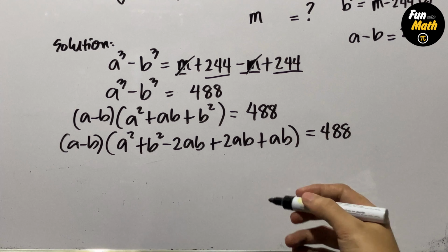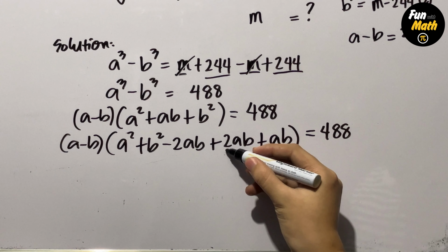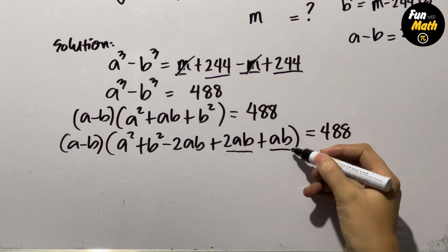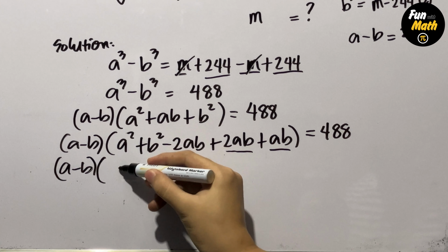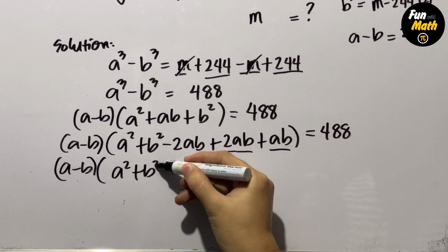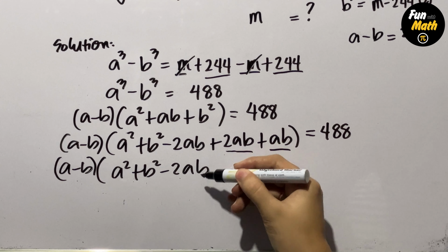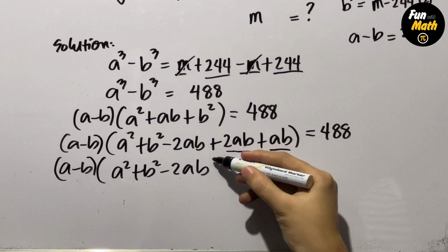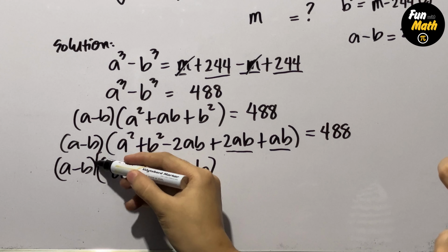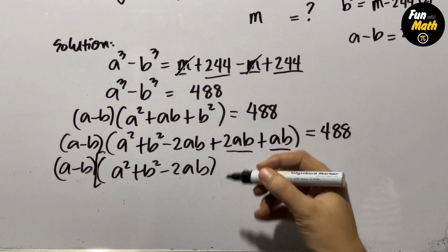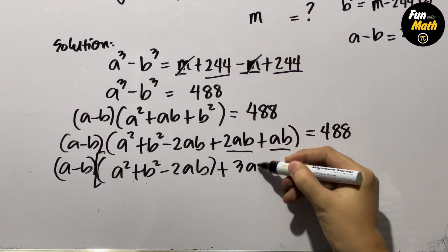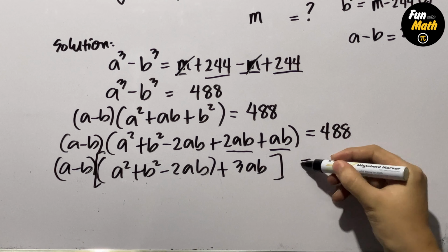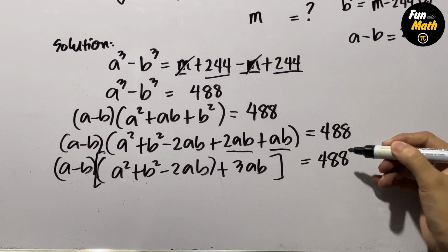Now, combine the like terms. We have 2ab and ab. So we have a minus b times a squared plus b squared minus 2ab. Consider this as a different group. So let's put a bracket. Then plus 2ab plus ab, that's 3ab, equals 488.